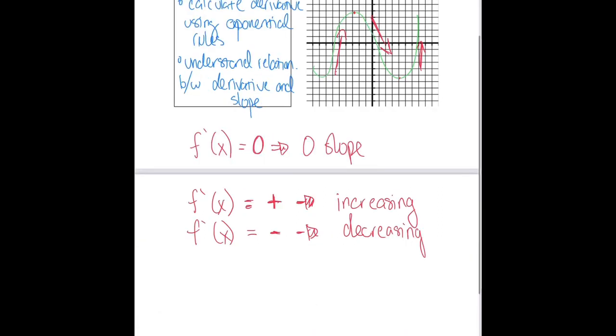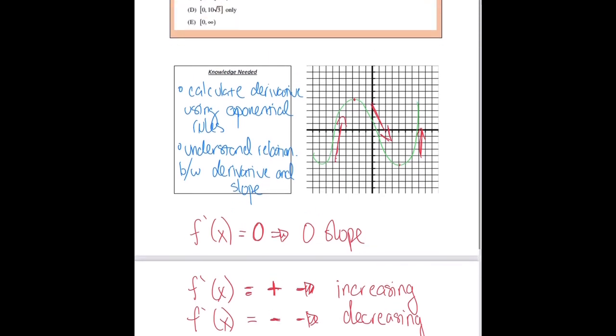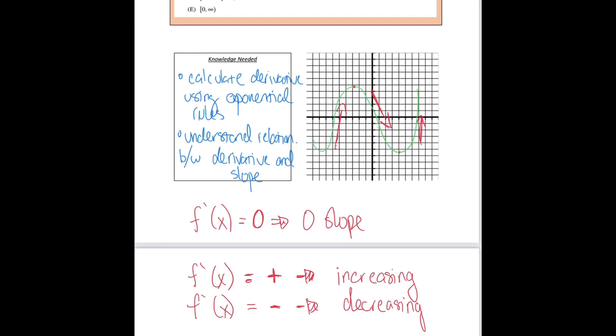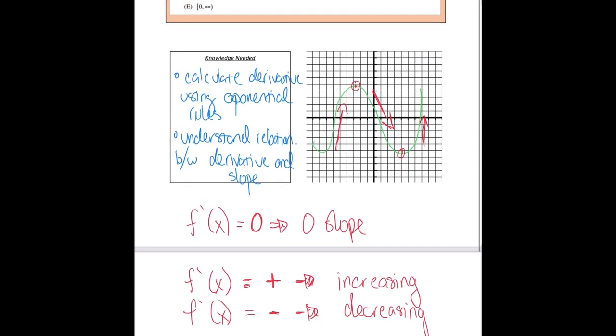So how do we use that information to figure out the intervals in which this function up here is increasing or decreasing? Well, let's start with that first thing we know, which is, whenever that derivative is equal to 0, we know that we have these points, this one right here and this one right here, where we have 0 slope. So let's determine where we have 0 slope for our function.